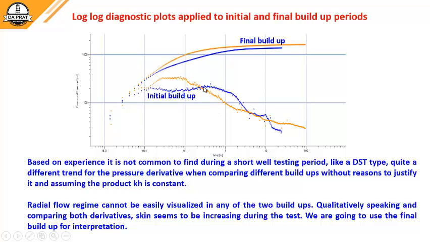And you may say, well, this is radial flow from the initial build-up, but this is not quite a common response or trend for changing wellbore storage effect. For the final build-up, it should be probably here. Okay, in this case we're going to use the final build-up for interpretation.